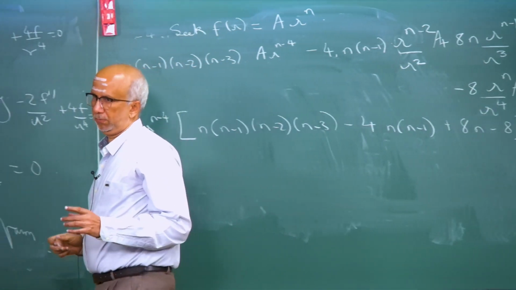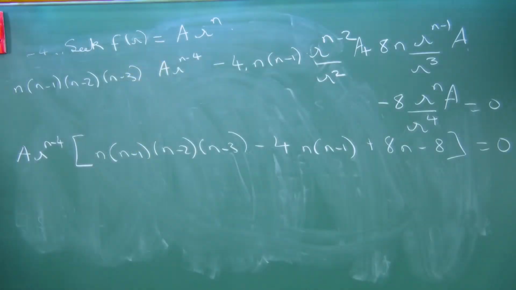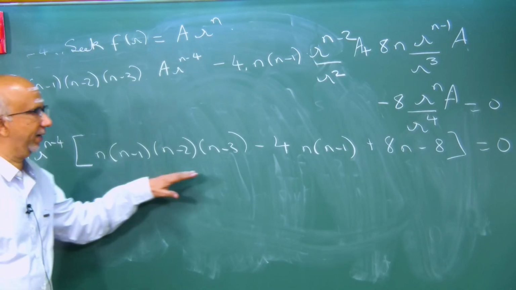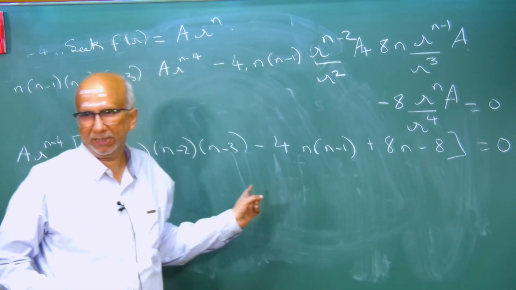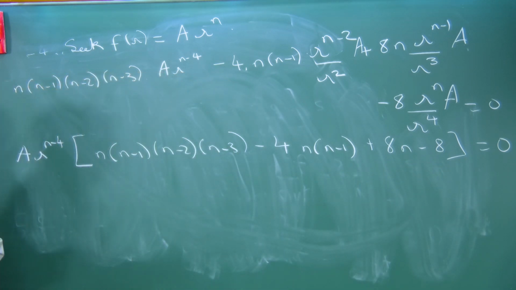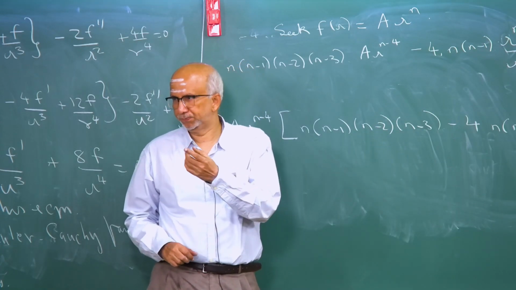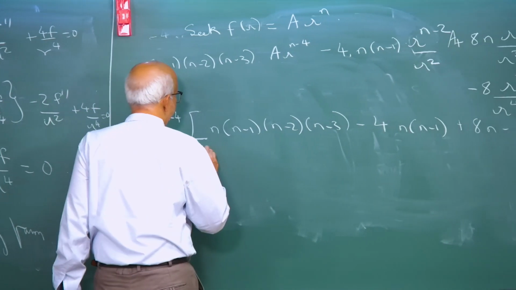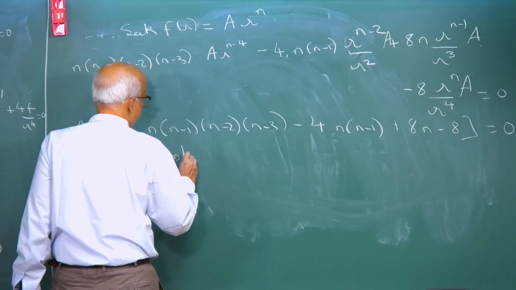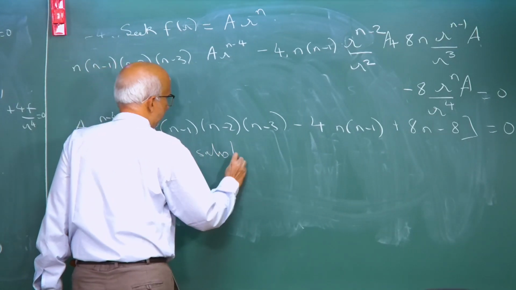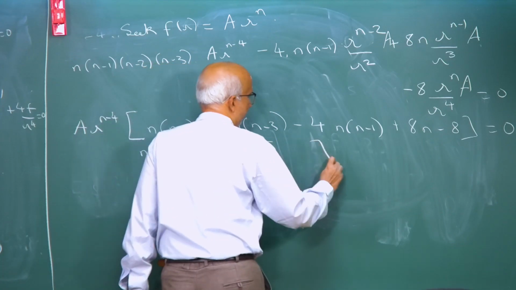So, basically r to the power n will be a solution if this quantity inside the square brackets is going to be 0. So, basically I have a fourth order equation in n, right, 1, 2, 3, 4, I have fourth order equation in n, so I have 4 roots, okay. So, basically n must satisfy this term in the square brackets equal to 0.